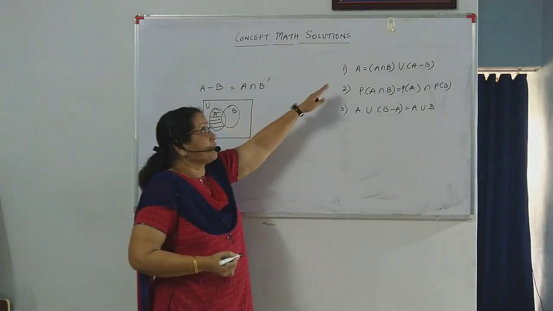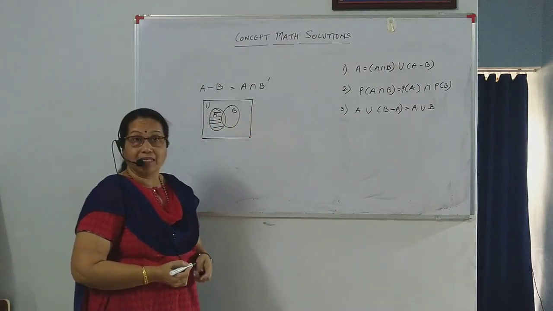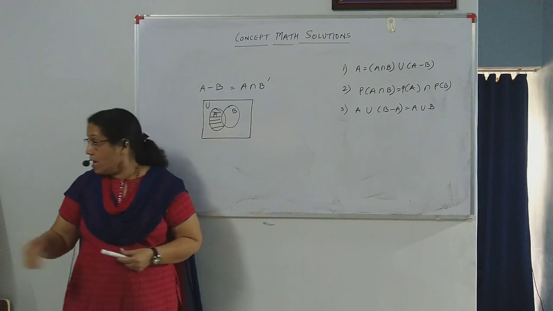So when we have proving questions, we would be replacing A minus B as A intersection B dash.